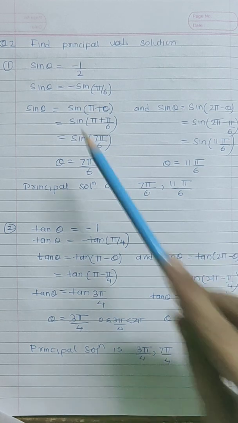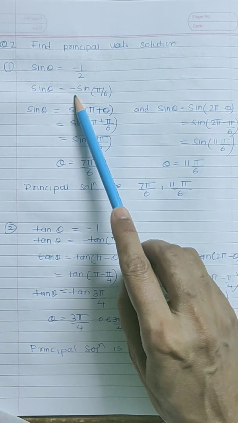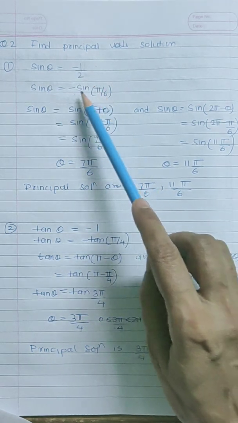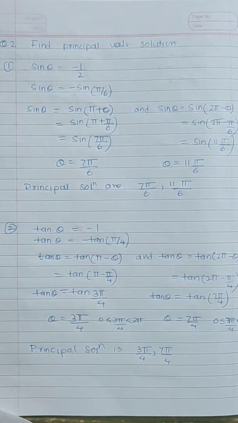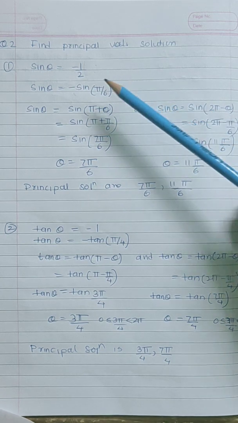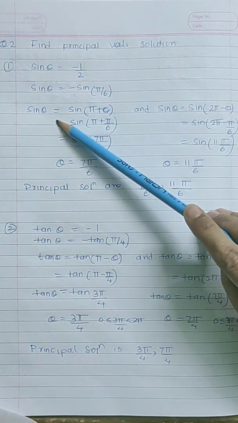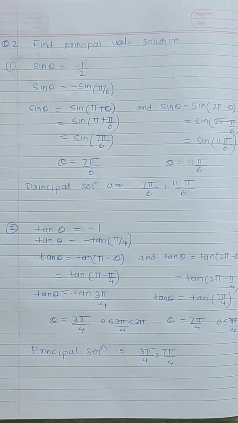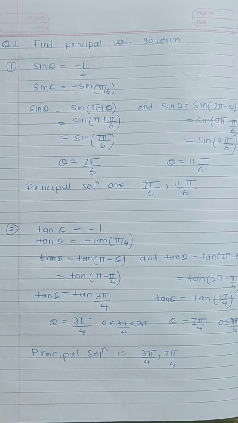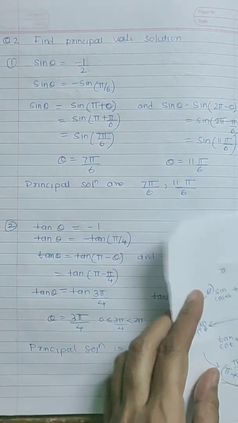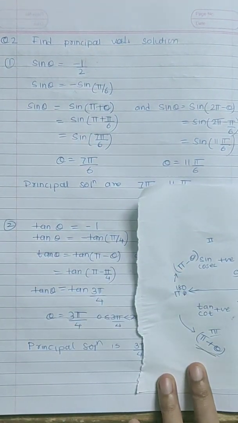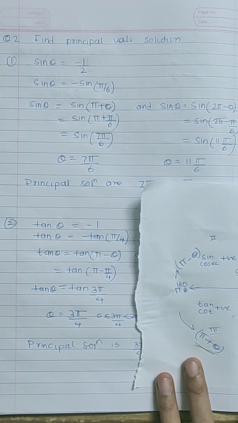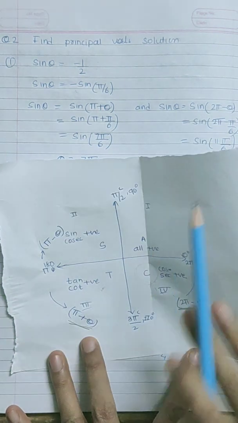Now sin theta, this minus sign keep as it is, and when the sin value is half at pi by 6, so minus sin pi by 6. Okay, now sin theta is equal to, see now how to make that sign value positive. Now see here, where is the sign negative, in which quadrant the sin value is negative.